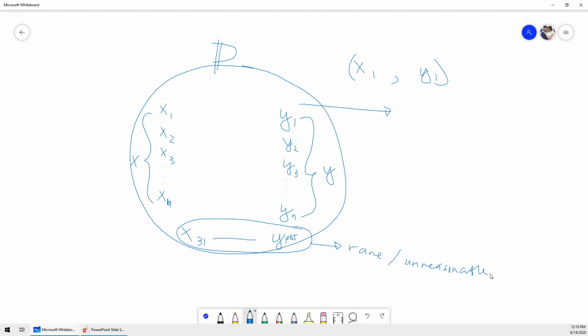On the other hand, because of this same governing law, there will be a high probability of getting, say, X sub 10 paired with, let's say, Y sub 15. And in this case, it's reasonable.